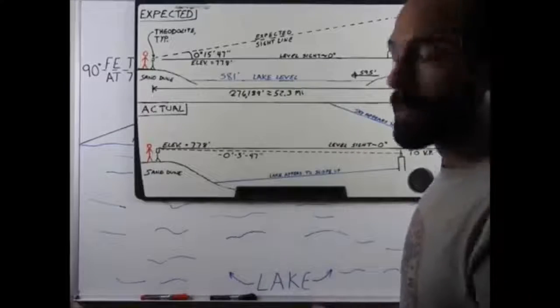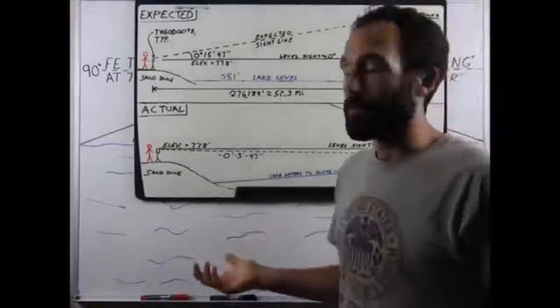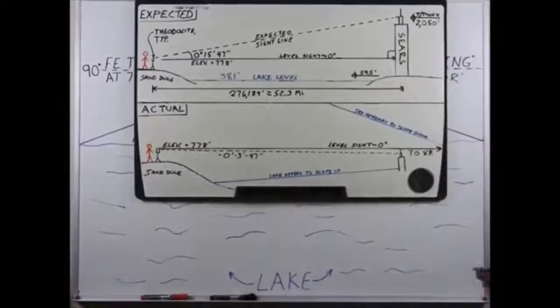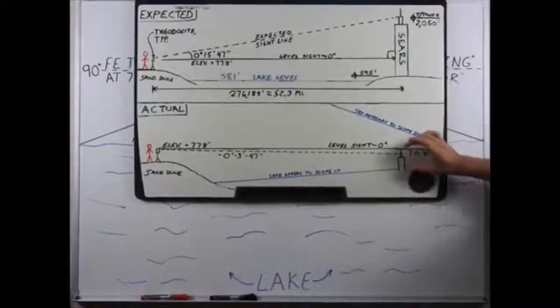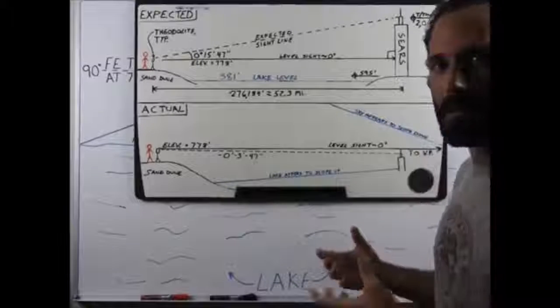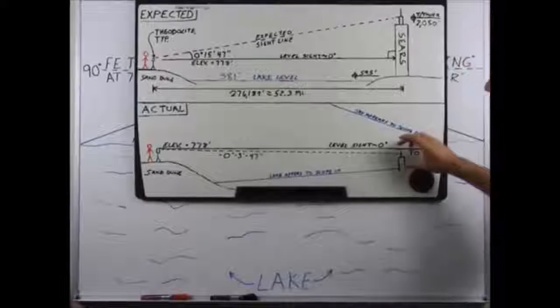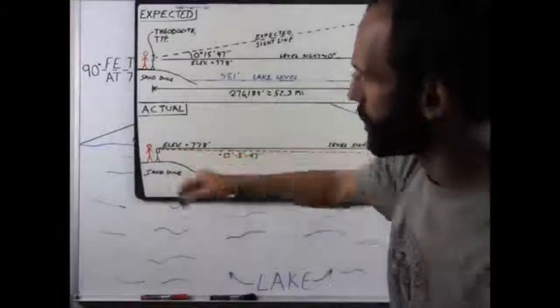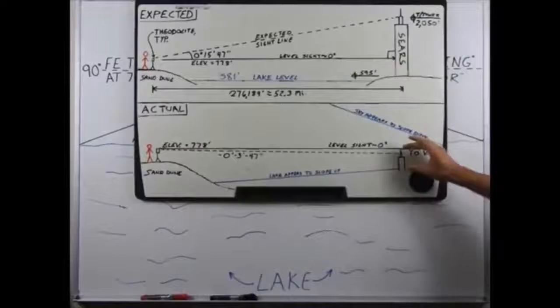These are apparent, right? We know that the lake is not sloping up, but it appears to be sloping up. And so wouldn't the building want to slope too? Wouldn't we get that apparent slope effect toward us, or toward Red Pill World, as he's looking through the theodolite?